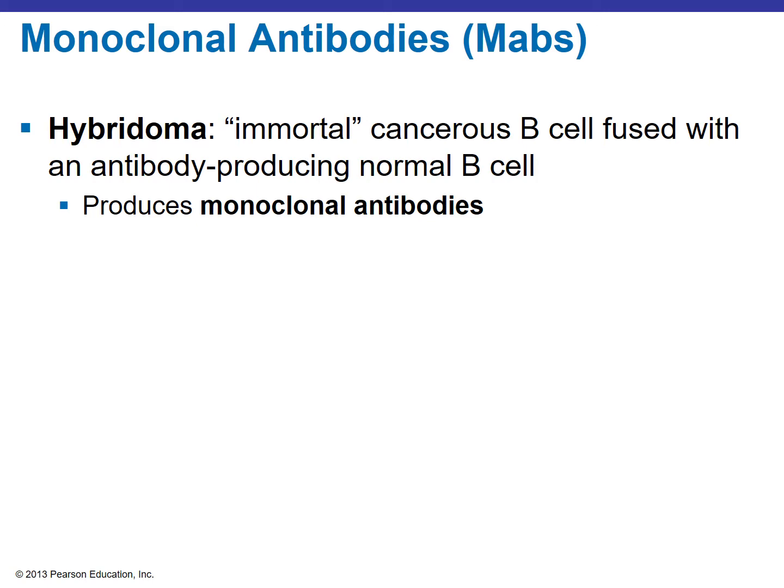I'll go through the procedure, but first of all, you would need to immunize a mouse against the antigen, have it start to produce the antibodies, and then harvest those B cells from the mouse, fuse them with a cancer cell, to make this immortal hybrid cell that you could grow in culture indefinitely that would make monoclonal antibodies.